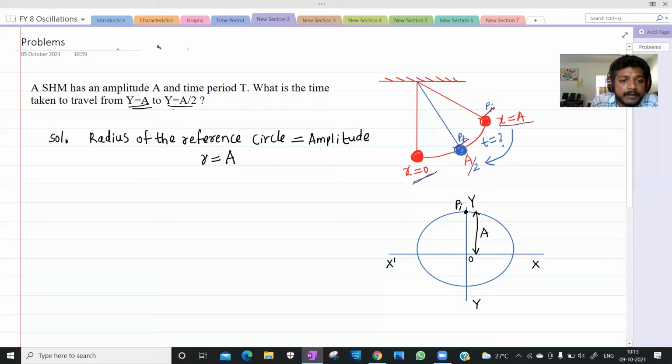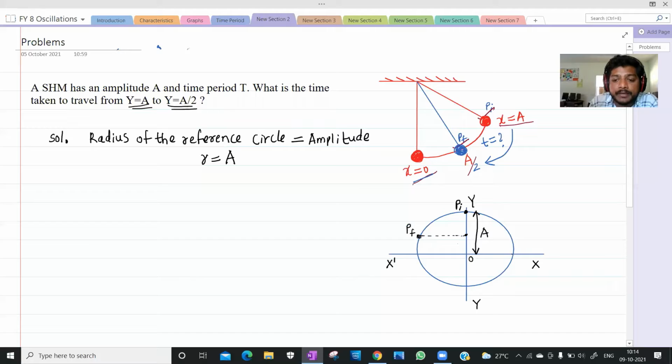Now the particle will be at y equals a by 2. Y equals a by 2 means the midpoint, half of the amplitude. The corresponding particle will be on the circle. This is the final position of the particle, P final.